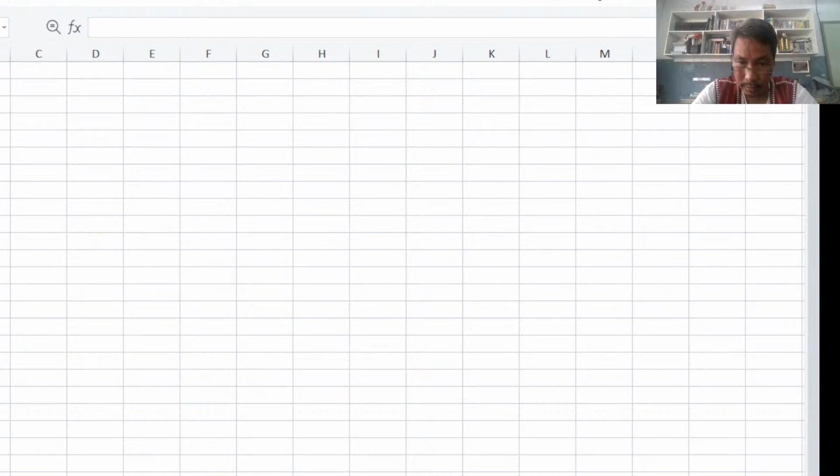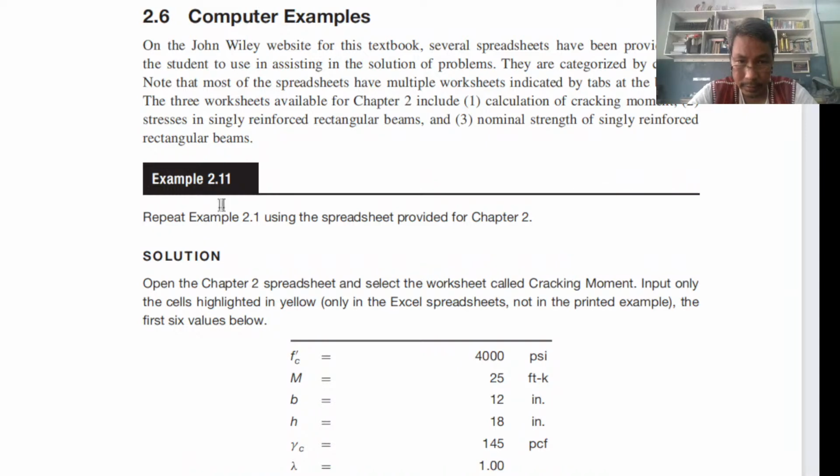You can join, open your own Excel, and let us do it at the same time. So recall that we have the example, repeating example 1 using spreadsheet. So we already done the opening of Excel.